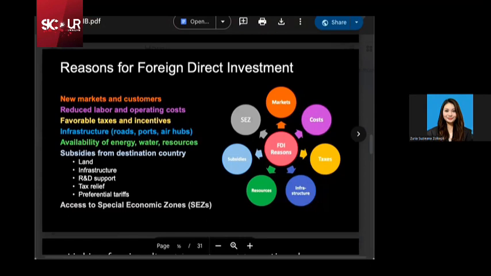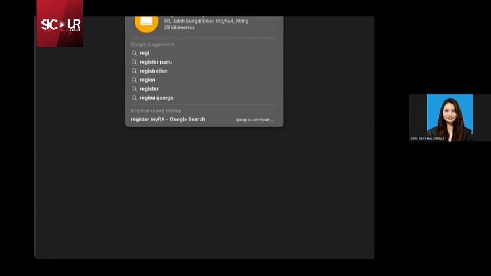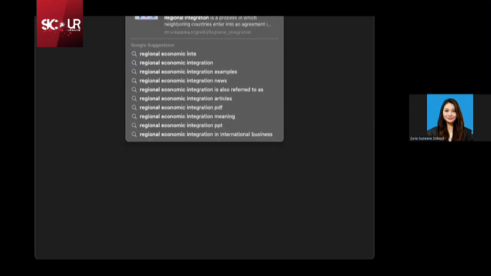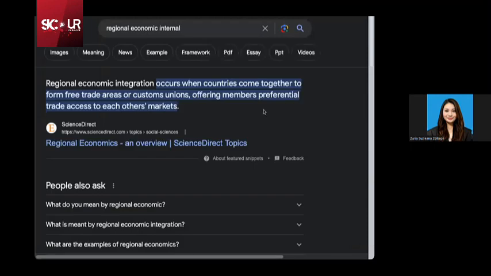If you are familiar with AFTA, this is one of the regional economic integrations, right? But if you want to study earlier, you can Google regional economic integration. It won't be in the final, but it's good for you to learn, okay?